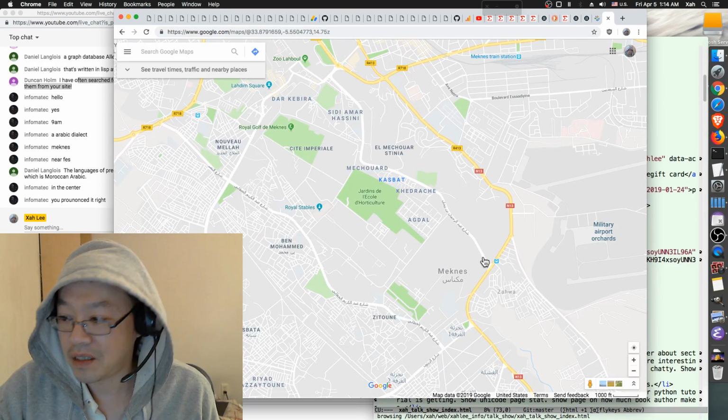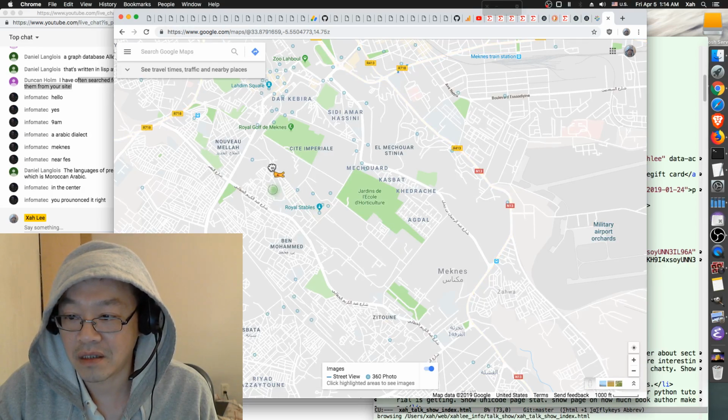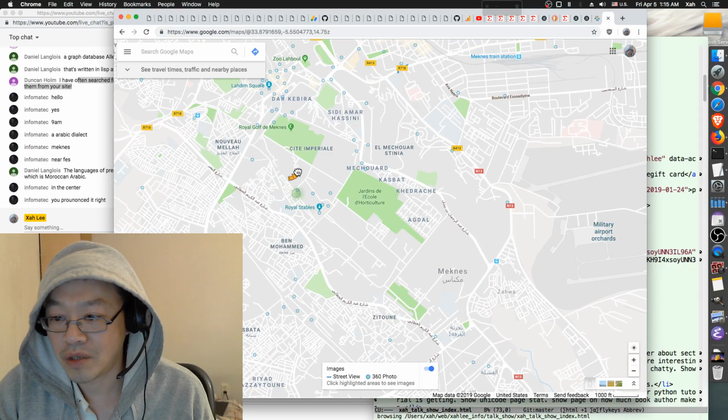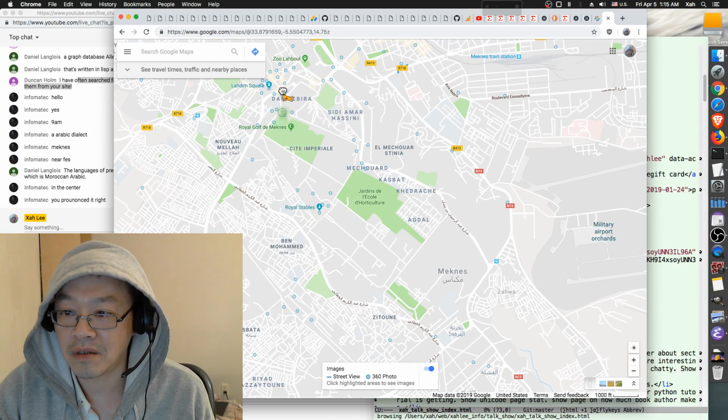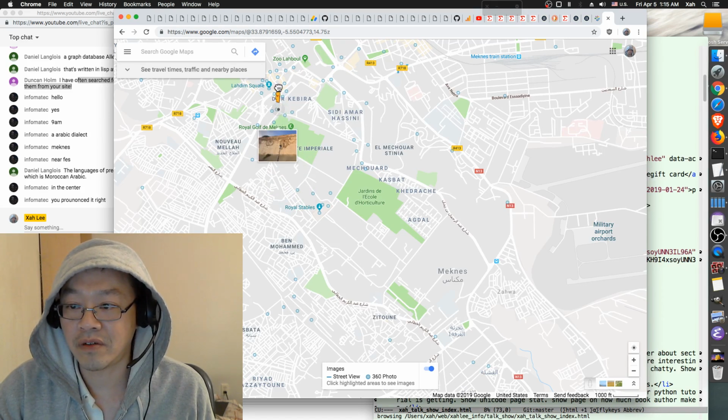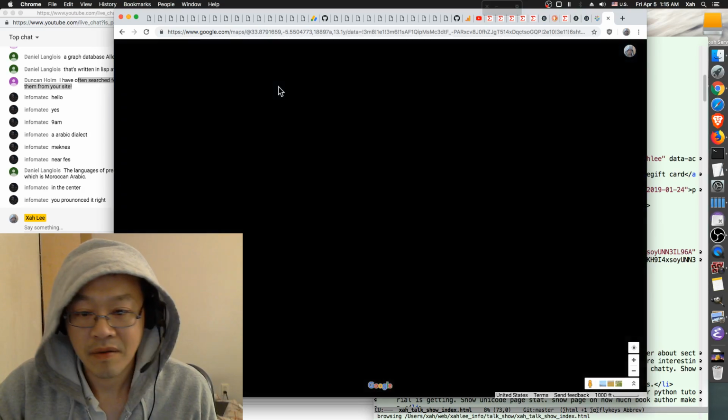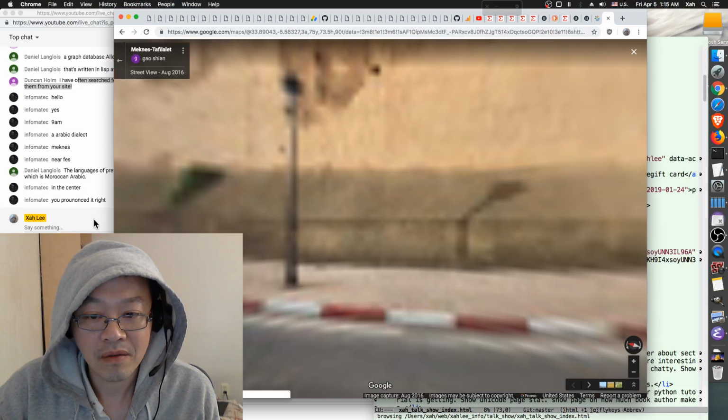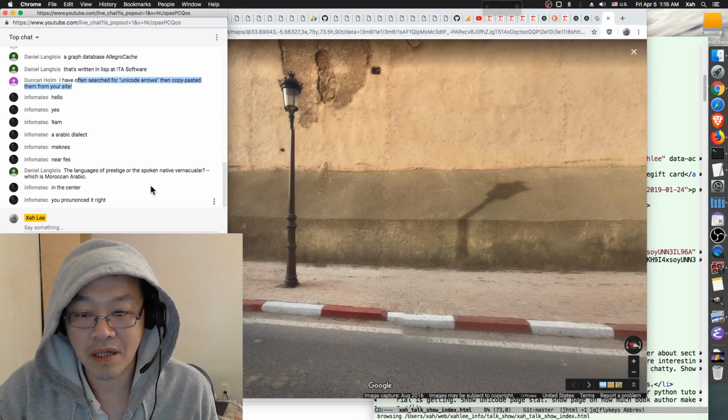Let's drop into Google Street View and see what we can see. There's no street view except just some locations with photos. Meknes. Okay, I pronounced it right.